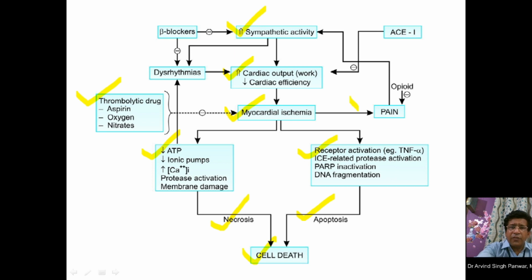The pain because of the myocardial ischemia may be controlled with opioids. ACE inhibitors ultimately help in reducing cardiac output and cardiac efficiency, and beta blockers control sympathetic overactivity as well as dysarrhythmia.